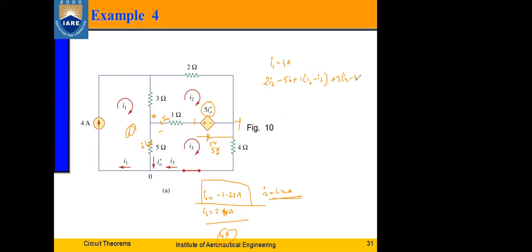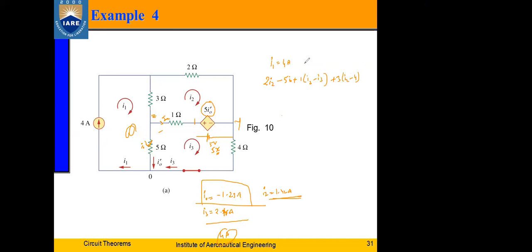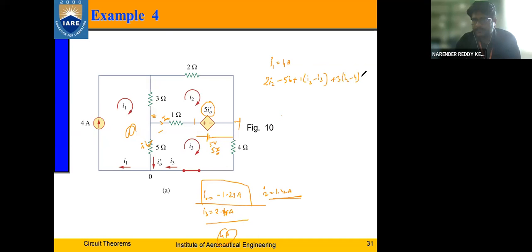I1, or directly I can write it as 4, right? So this is equal to 0.